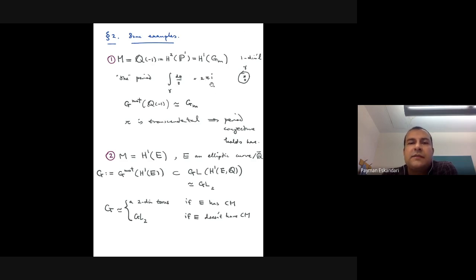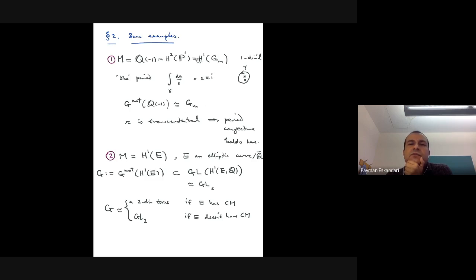So this is one period of the motive. We're thinking of this as a motive over Q, and the Q-span of this would be all the periods of this motive. The point is that the field generated by the periods will be the field generated over Q by this 2 pi i. Now let's look at the motivic Galois group side. The motivic Galois group of Q(-1) is easily seen to be G_m.